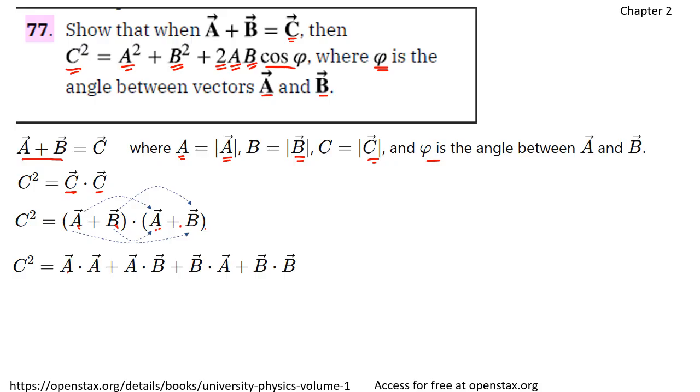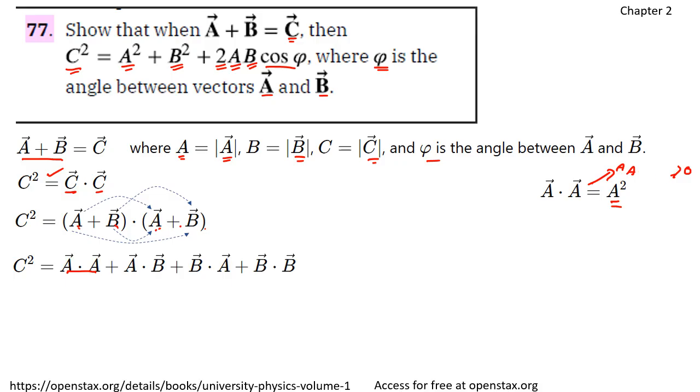Look here, what is A dot A? A dot A is A into A cosine theta, where theta is the angle between A and A. So A dot A should be equal to A squared, because theta is equal to 0, since vector A and vector A are parallel, or the angle between the same vectors is 0.